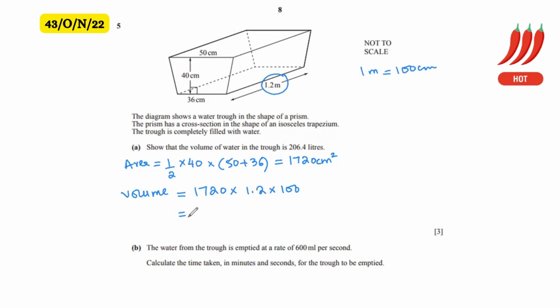So that is going to give us 206,400 centimeter cube. So in liters, 1 liter is 1,000 centimeter cube. So for this, we divide this by 1,000. And that is 206.4 liters. This is exactly what the question was asking us to prove.